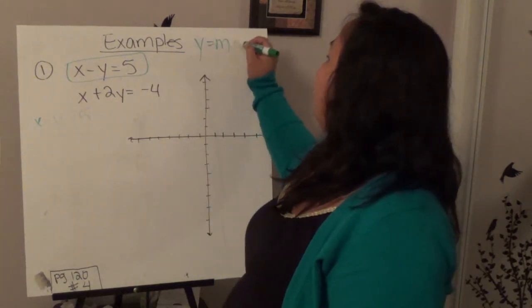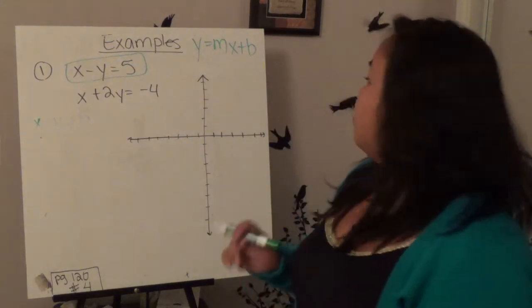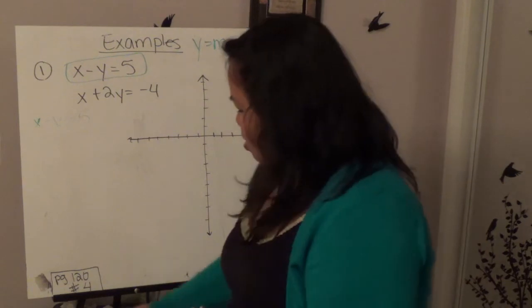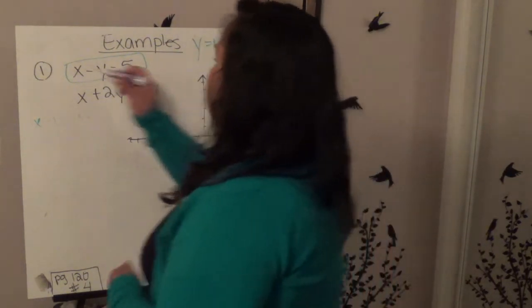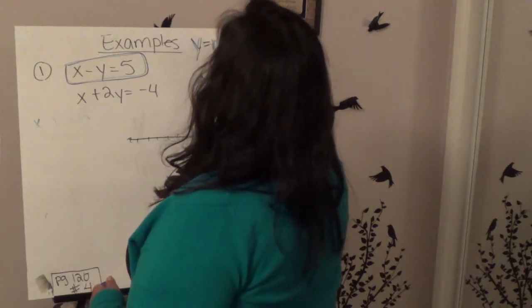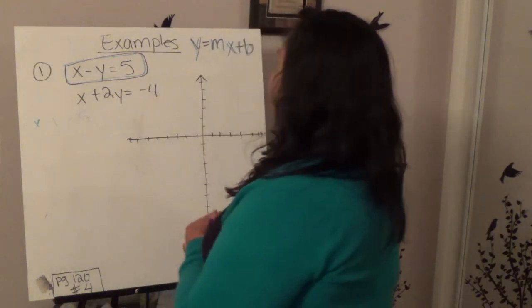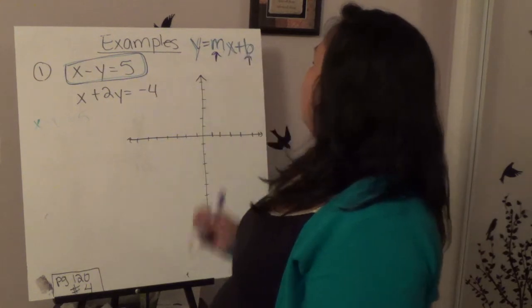Y equals mx plus b. Okay? I'm going to put it in a different color because I think some of you guys have a hard time seeing this in green. So we are doing y equals mx plus b. That's the format we want. M is my slope and b is my starting point, my y-intercept.